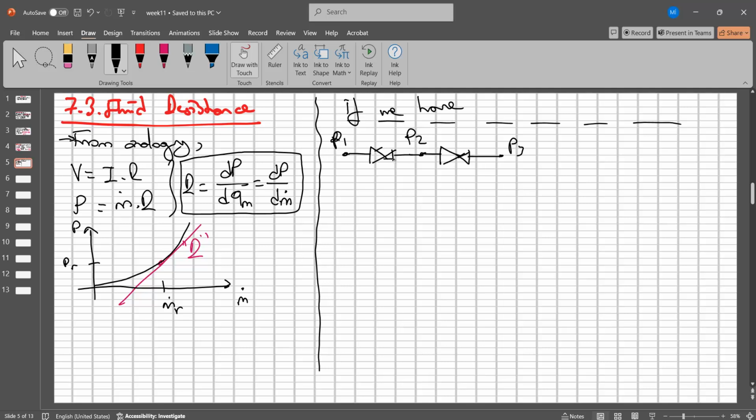This is the resistance R1 and R2, right? So how can we write these two resistors as one? Is this series or parallel? Why?